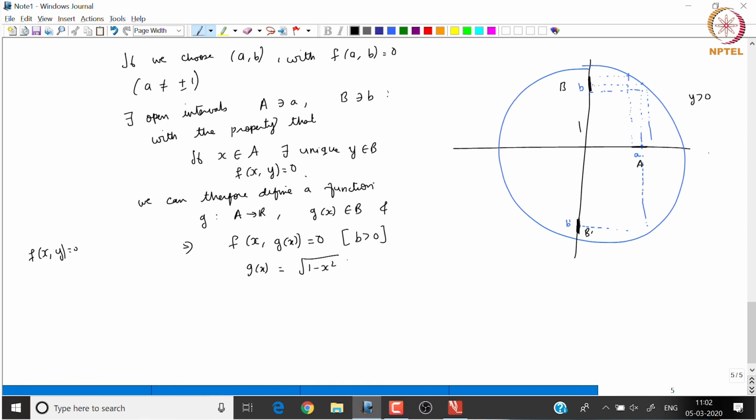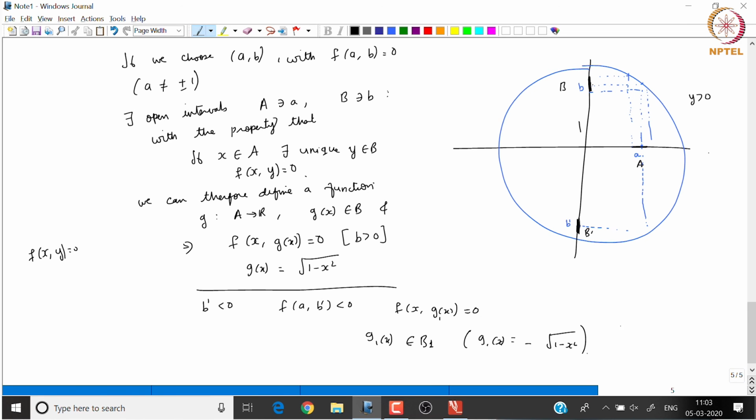Similarly, if I am looking at say B1 where this is less than 0 such that f a comma B1 is less than 0, or B prime, then I have another function f x comma g1 x equal to 0, where g1 of x belongs to B1, and this g1 of x is uniquely represented by minus square root of 1 minus x square.